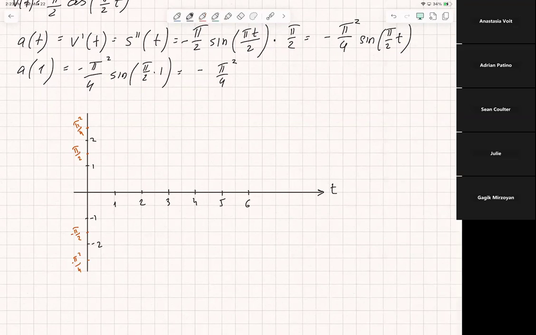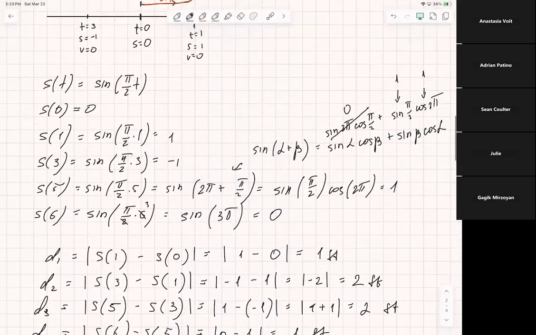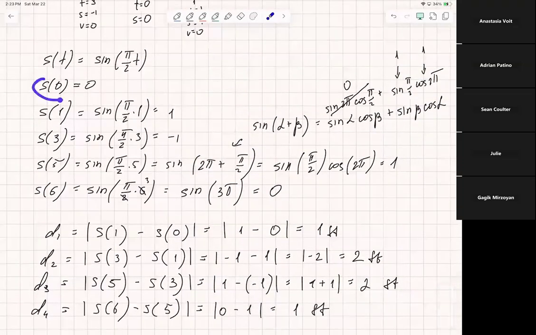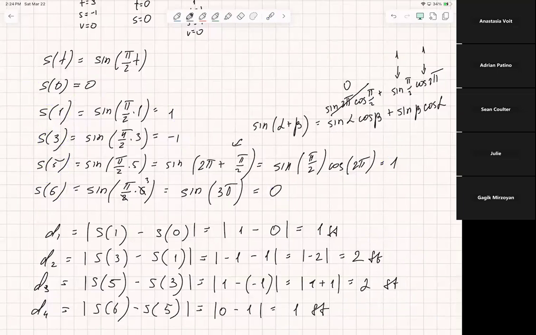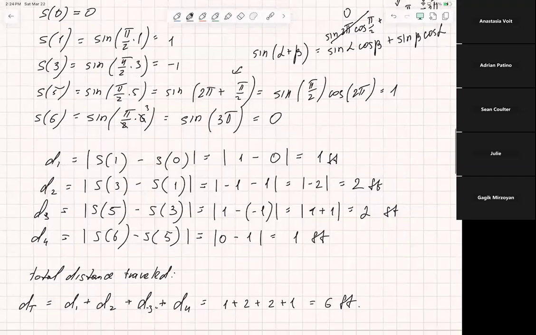All right. So the first function that we will be drawing will be the position function. I will draw it in black. So let's see what we have. Okay, so what were the positions? We have the position s of 0 is 0, s of 1 is 1, s of 3 is -1, s of 5 is 1 again, and s of 6 is 0. So let's see, we have 0, 1, -1.